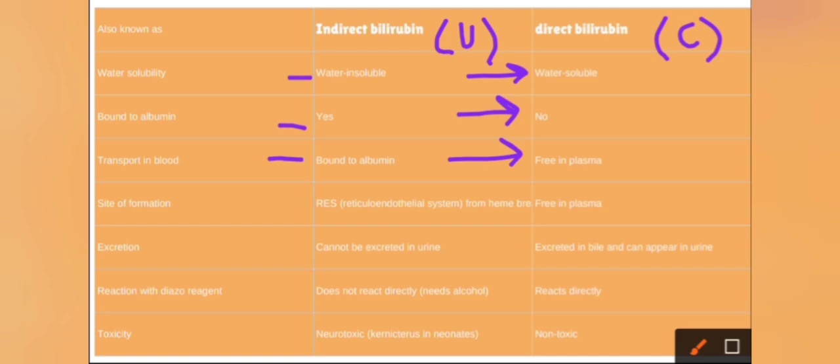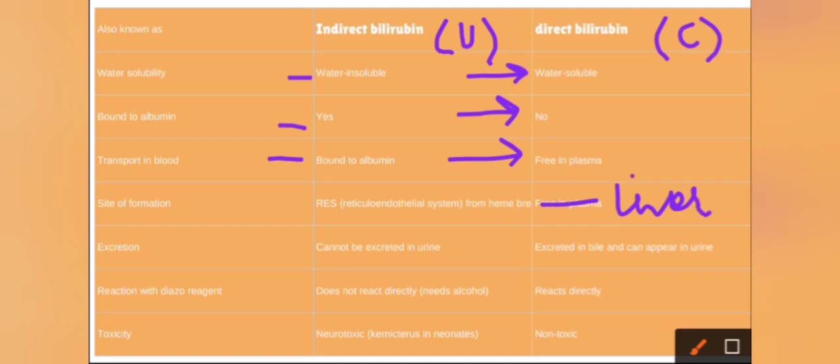Clear? Now, as we know, the unconjugated bilirubin is formed by breakdown of RBC. The site of formation is the reticuloendothelial system, from hemoglobin breakdown. While the conjugated bilirubin is formed in the liver and it comes freely in plasma.